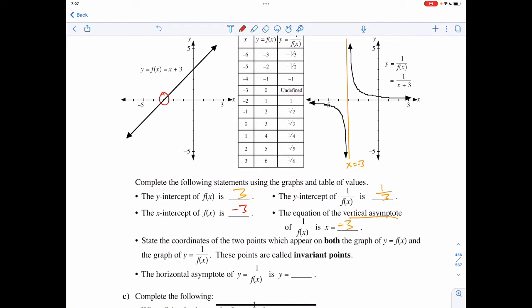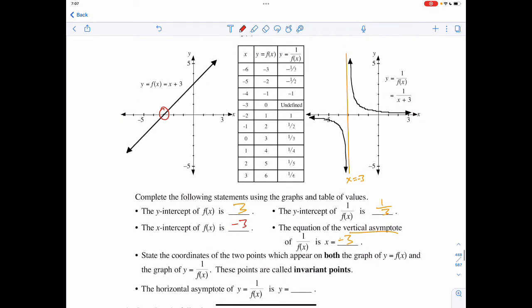Now, there are 2 points that occur at the exact same spot on both graphs. You can always see that by looking for when my original function and my reciprocal function are the same. Those 2 points occur here and here.